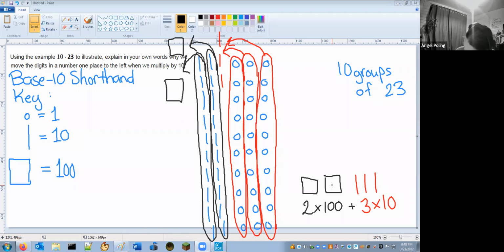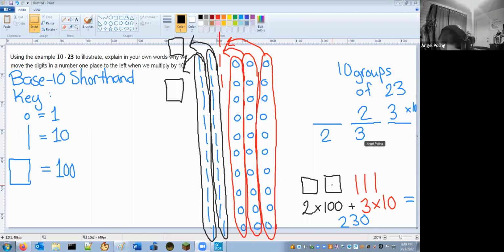Our final image has the value 230, which is what they were describing. 23, when multiplied by 10, shifts the digits in the number one place to the left when multiplying by 10.